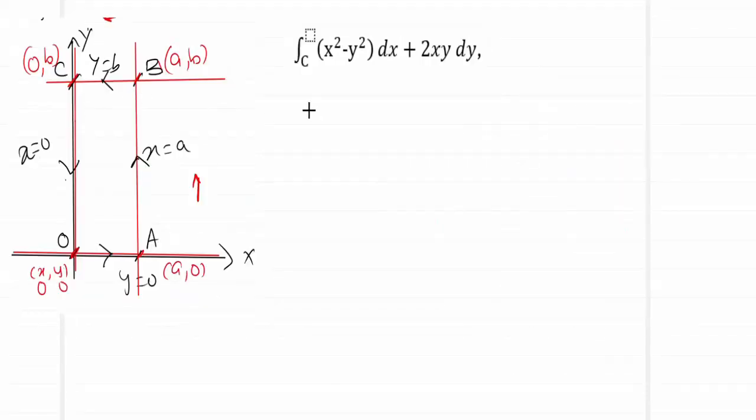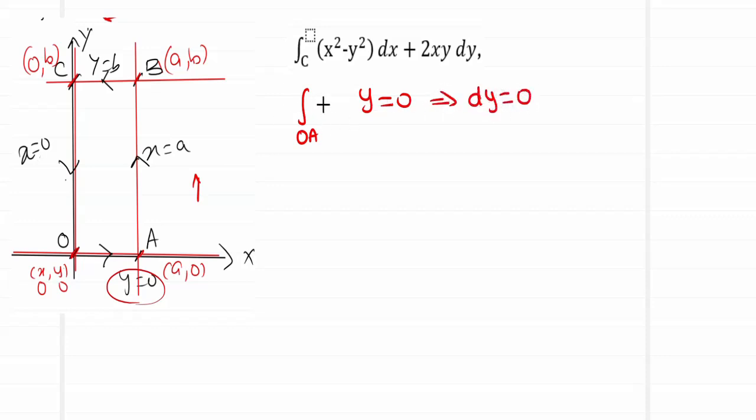Let us begin our integration with respect to the first line OA. Along the line OA, I have the equation of the line as y equal to 0. If y equal to 0, what happens to its derivative? dy will also turn out to be equal to 0.